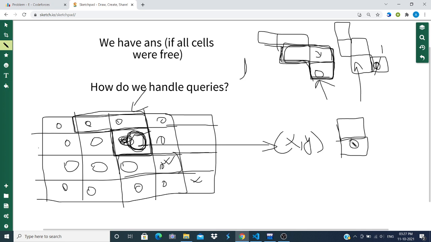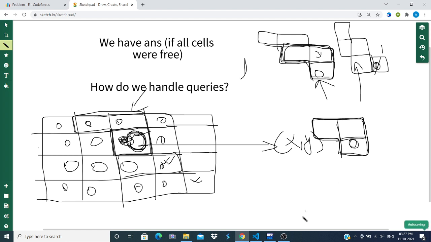Because if this is 0, maybe some staircases are possible which include this cell.